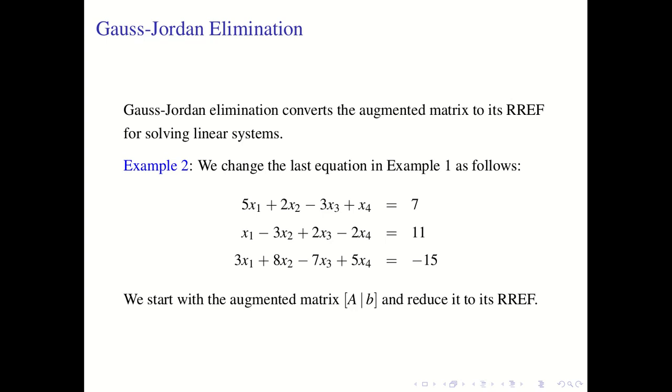So take this example: 5x1 plus 2x2 minus 3x3 plus x4 equal to 7, x1 minus 3x2 plus 2x3 minus 2x4 equal to 11, 3x1 plus 8x2 minus 7x3 plus 5x4 equal to minus 15. Take the coefficient matrix and look at the augmented matrix, and then reduce it to its row reduced echelon form.